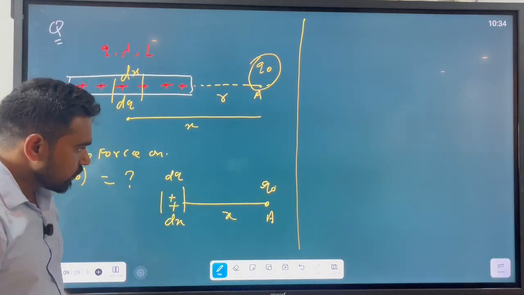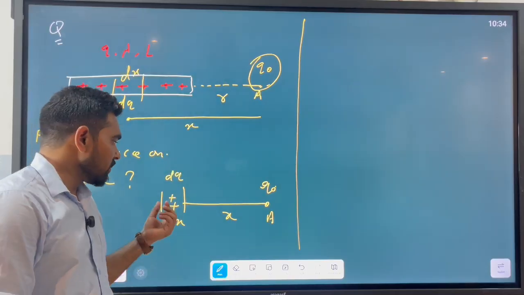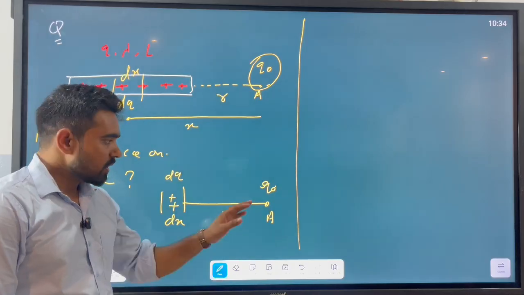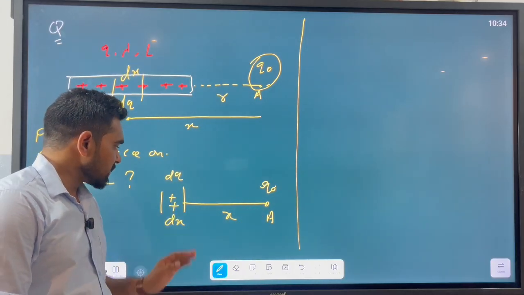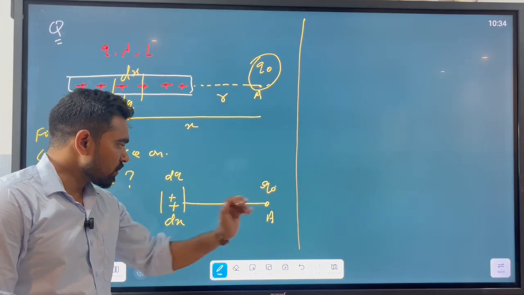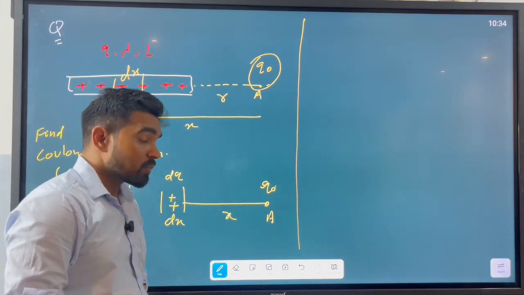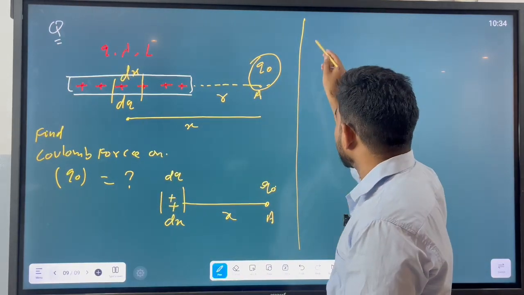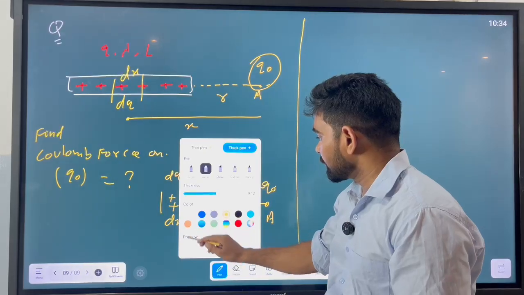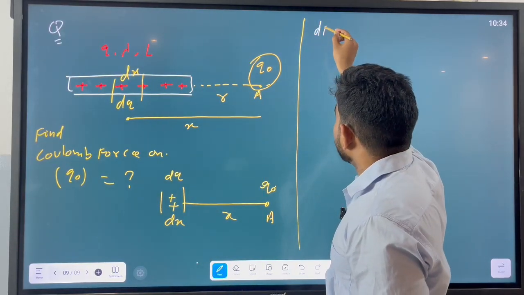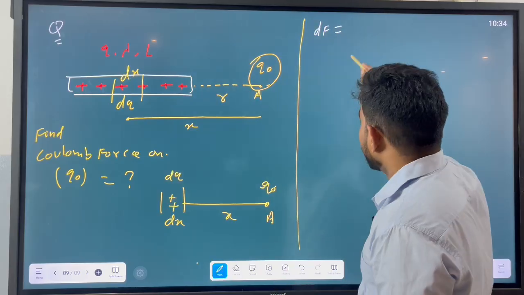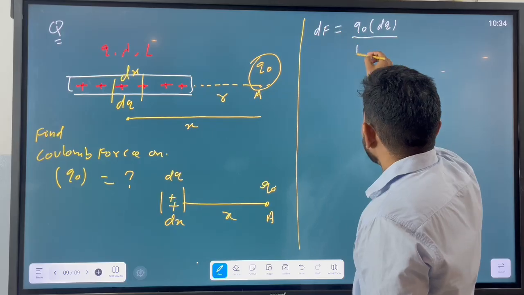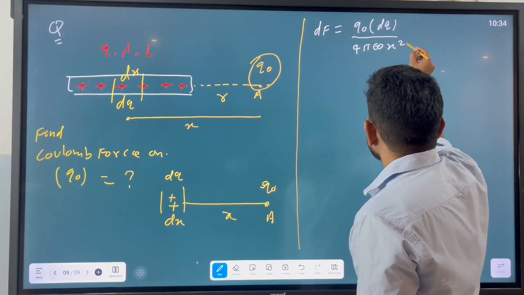Now we can use Coulomb force, because both charges behave as point charges. The Coulomb force dF equal to q naught multiplied by dq divided by 4 pi epsilon naught x square.